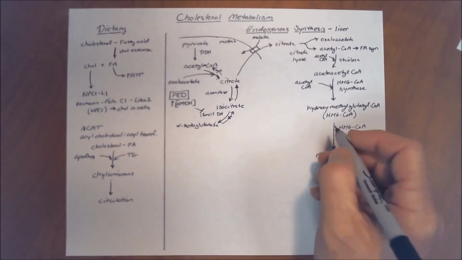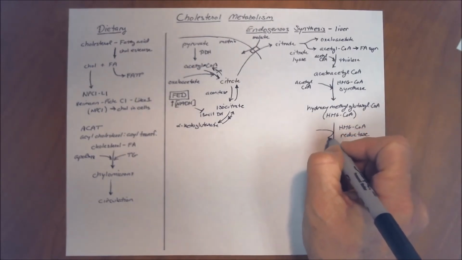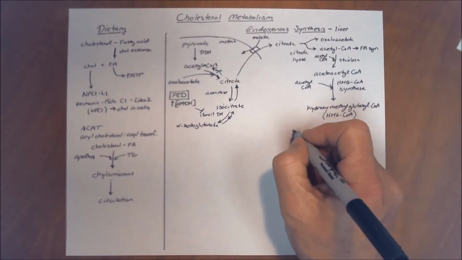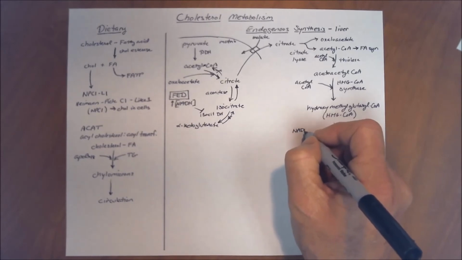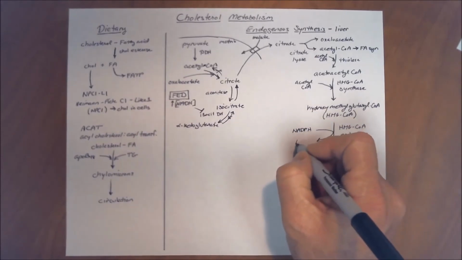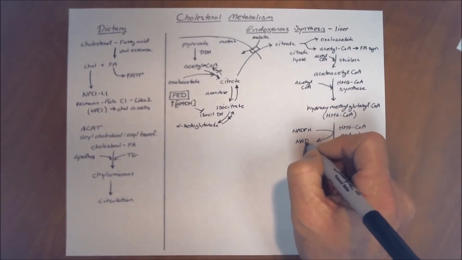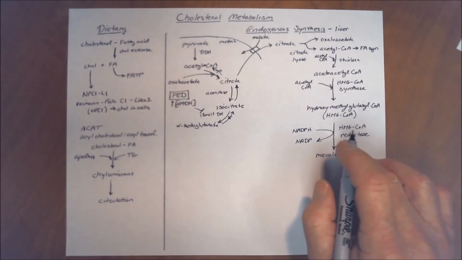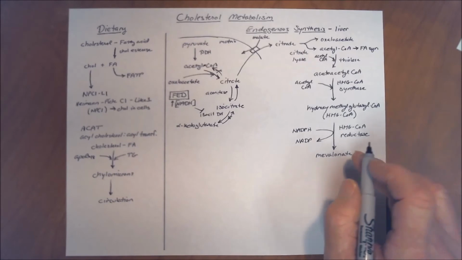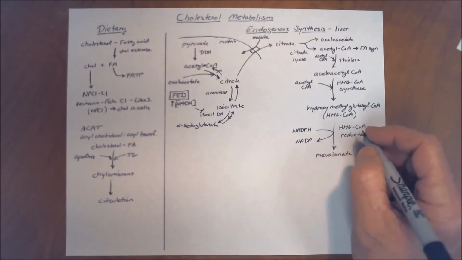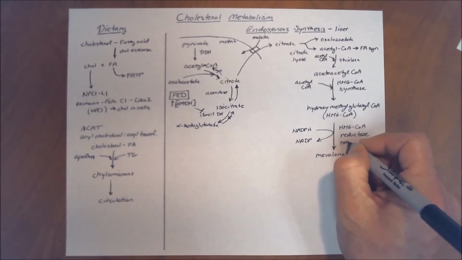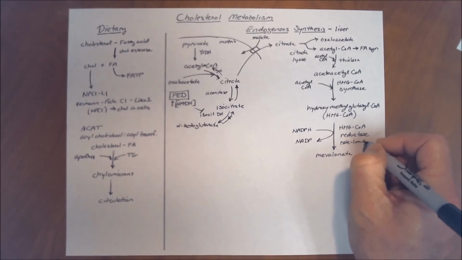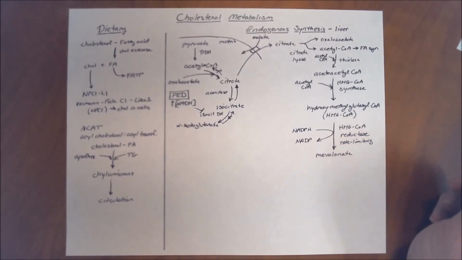Because we are performing a biosynthetic reaction, we are going to be using the energy stored in NADPH that we made in the pentose phosphate pathway. And the reason that this reaction is so important is because this reaction is the rate-limiting step and the entrance point to cholesterol synthesis.